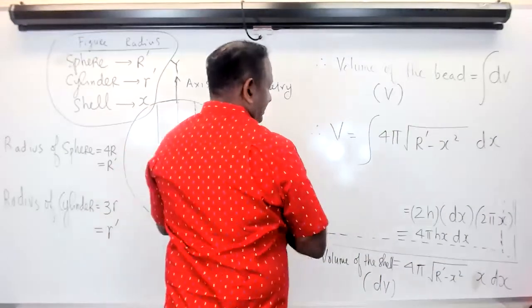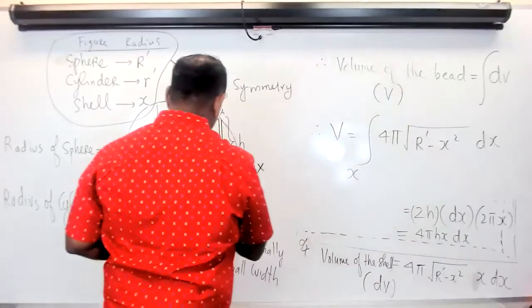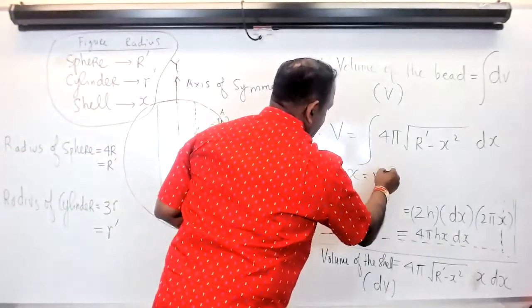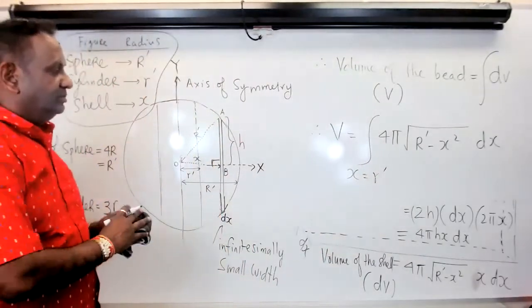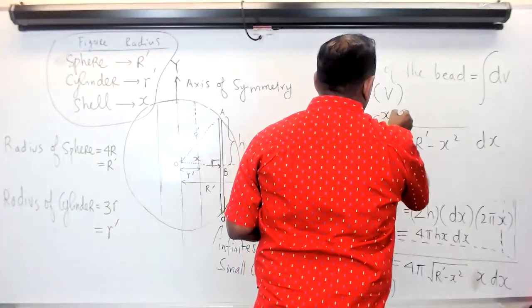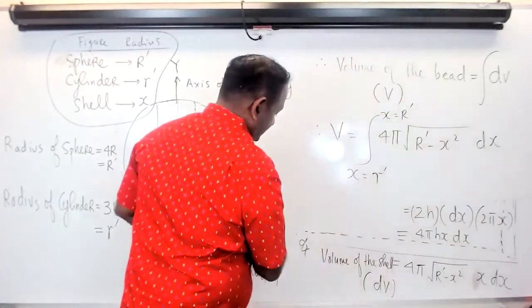The bounds for x go from small r prime to capital R prime.